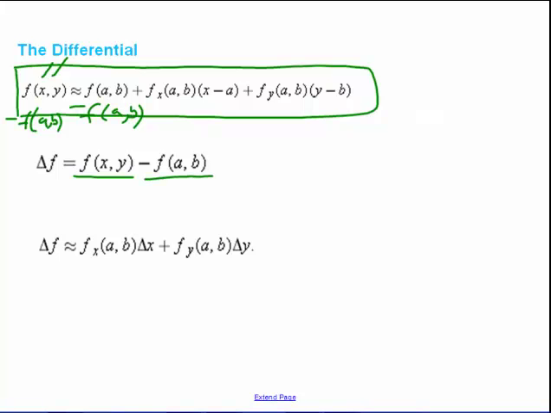And this is my change in f, my delta f. And what's left on the right-hand side is my partial derivative with respect to x times the change in x plus the partial derivative with respect to y times the change in y. That's just this here.